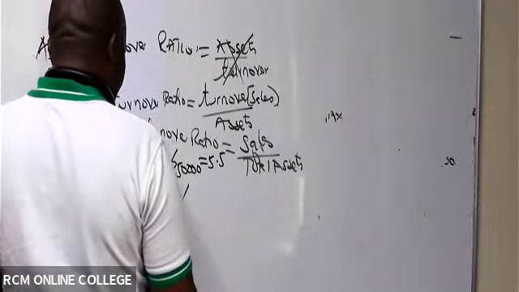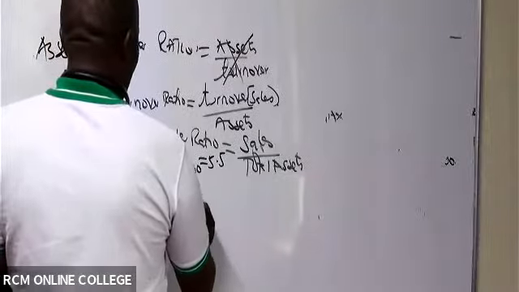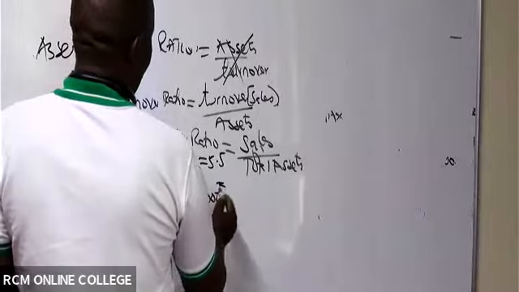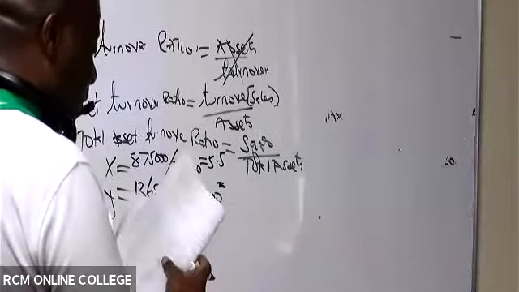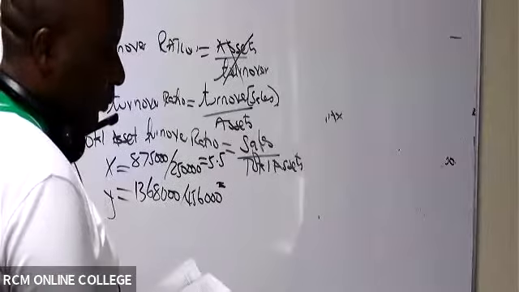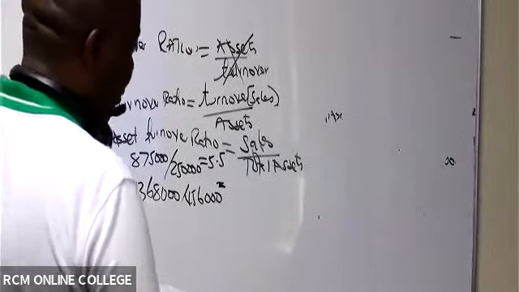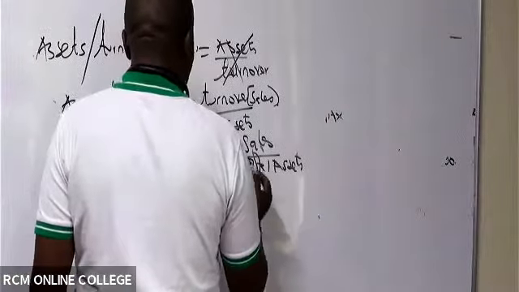All over the total assets, I can see the average assets were 456,000, which will end up giving me what figure? 3.5, isn't it? So this, I'm told, will give us 3.5 like that.